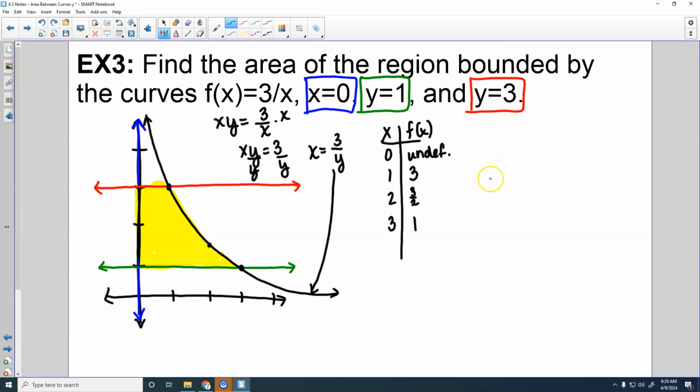So to integrate this, I would take the right function, which is 3 over y, minus the left function, which is just the y-axis, which is 0 right here. So you can write that or not. It's unnecessary. dy. What would be my limits on my integral? Not 0 to 3. What's Kayla doing?